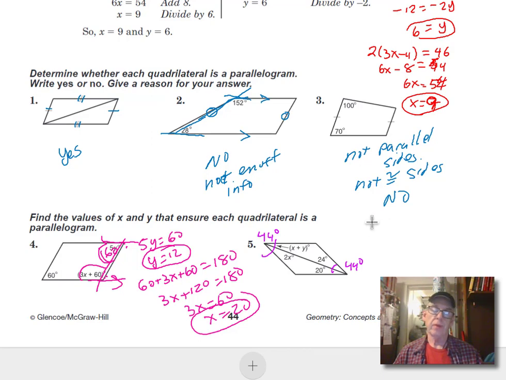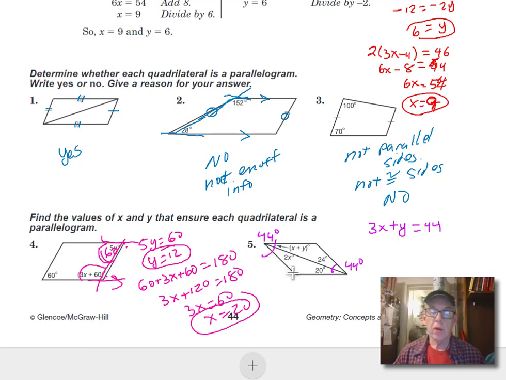So we may be able to do something with that. So 2x and x makes 3x, and we have a y. And from these angles being congruent because they're opposite, we have that 3x plus y is equal to 44. Now we can't solve that because there's an x and y involved, but let's see what else we can do.